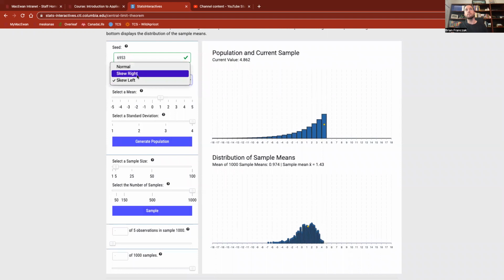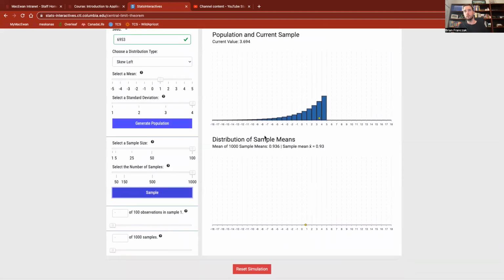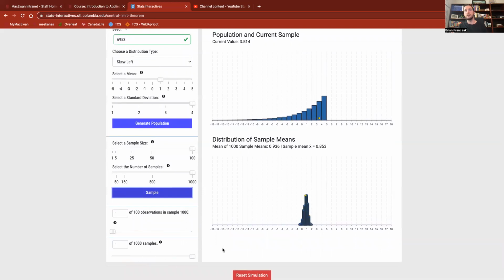Try generating from different types of distributions, skew right or skew left, change the parameters, but every time you increase the sample size, you'll end up with the same result regardless of the generative population, so regardless of the population shape, which is a sampling distribution that is approximately normal. And that's what the central limit theorem is stating.